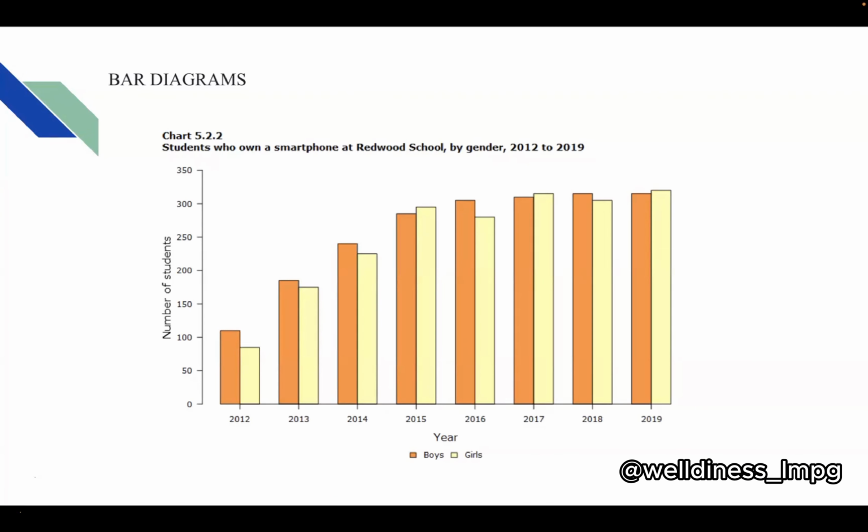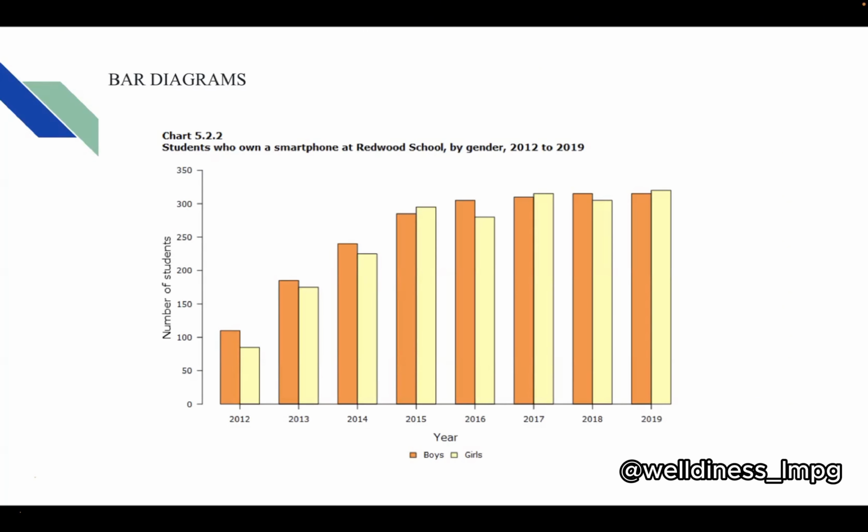In 2015, the boys had how many? About, let's say, 250. And the girls had what? 270. Sorry.